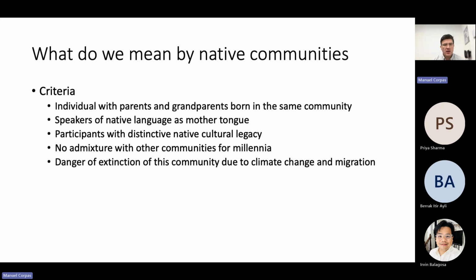So we mean by native communities, individuals with parents and grandparents born in the same community, speakers of a native language as mother tongue, with distinctive native cultural legacy and not a mixture with other communities for millennia, and the possibility that they can become extinct due to, for instance, climate change and migration because of economic opportunity.